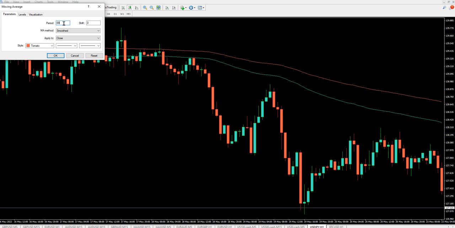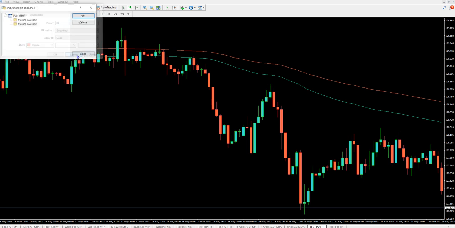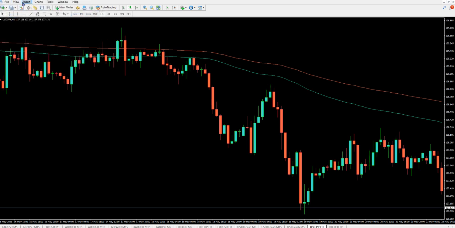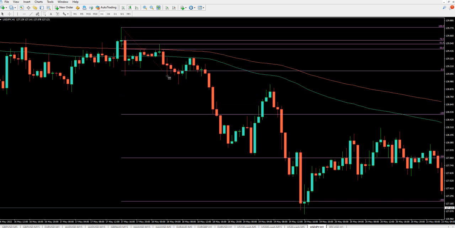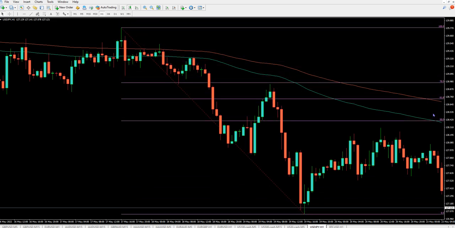You can use that. An actual Fibonacci ratio, the most popular number, like I've said, is 61.8.